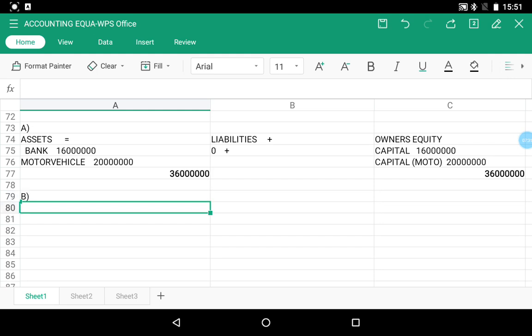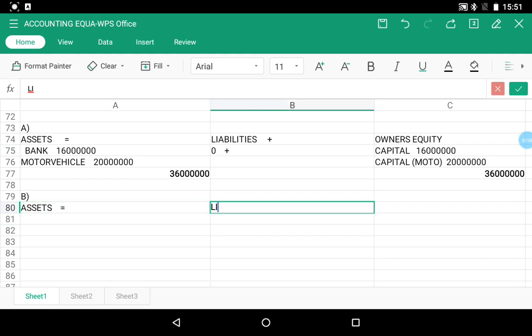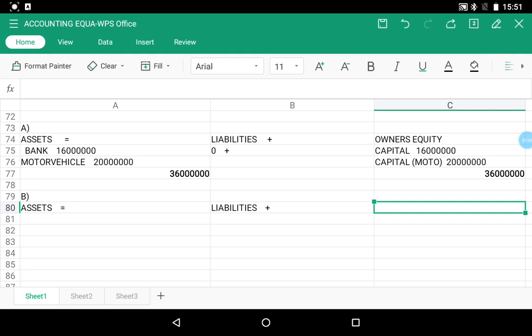So I'm going to go back and do it. We are going to first state our accounting equation, which is assets equal to liabilities plus owner's equity. So from our question, he purchased iron sheets.